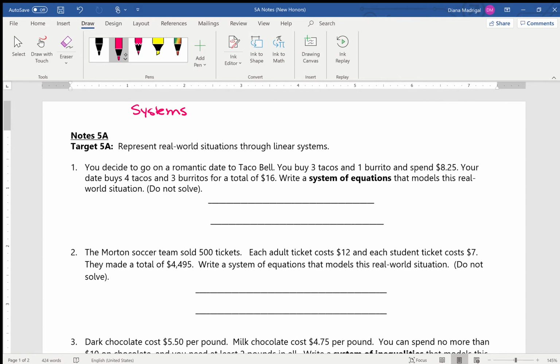Systems means that we're going to have more than one equation or inequality, and we're using the same variables. So that's what a system means.